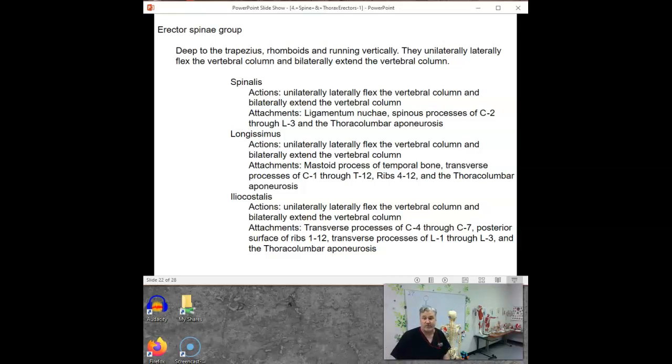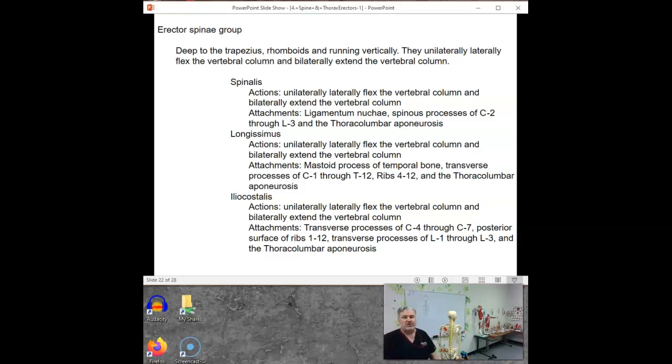Remember, there is no C1, right? And it goes C2, C3, C4, C5, C6, C7, T1, T2, T3, T4, T5, T6, T7, all the way down to T12, L1, L2, L3. And by the time it gets down to L3, it's in the thoracolumbar aponeurosis. I mean, you could argue it goes all the way down to L5 because that thoracolumbar aponeurosis is woven in here.